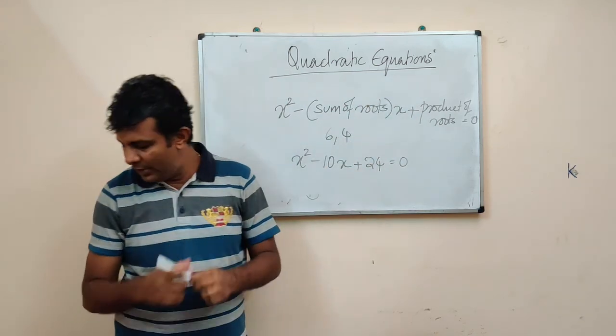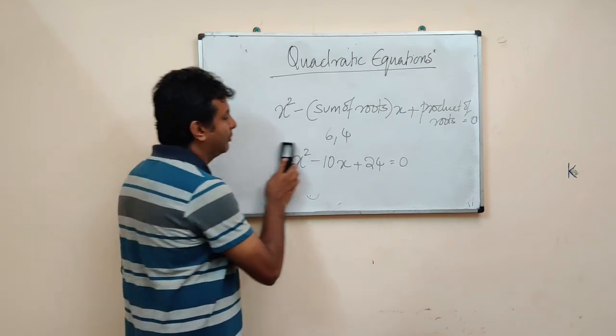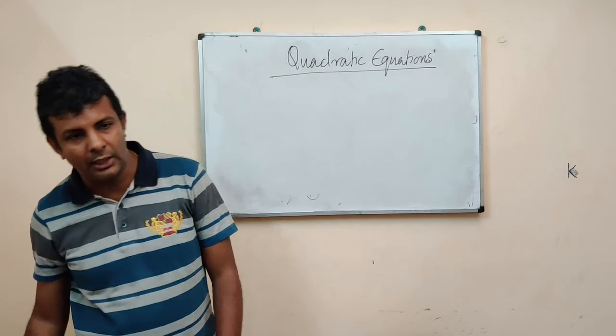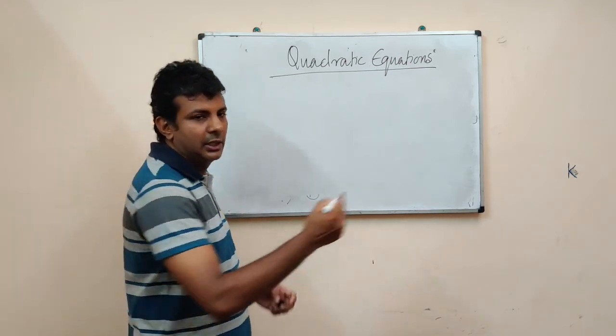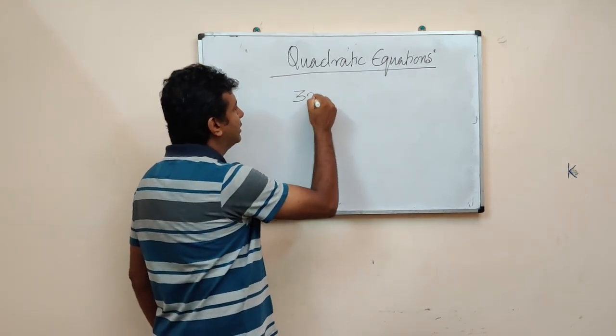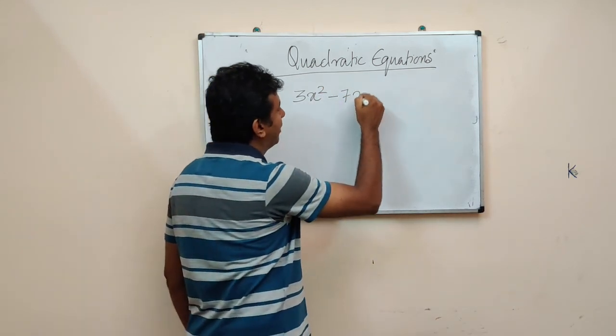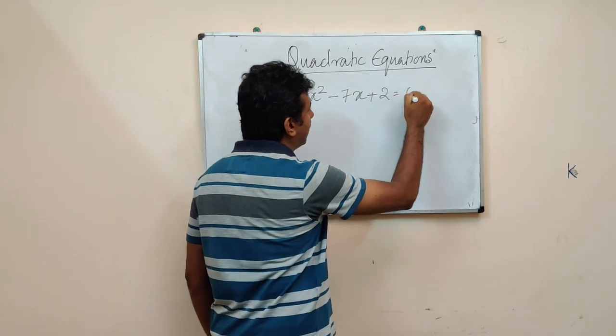Okay. Now we will solve a couple of problems so that we understand these concepts clearly. Can you find out the roots for this equation? 3x square minus 7x plus 2 is equal to 0.